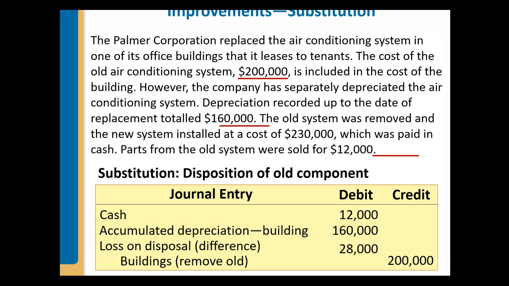The difference between the building of $200,000 and the sum of cash of $12,000, along with the accumulated depreciation of $160,000, is recorded on the debit side as a loss on disposal of $28,000.